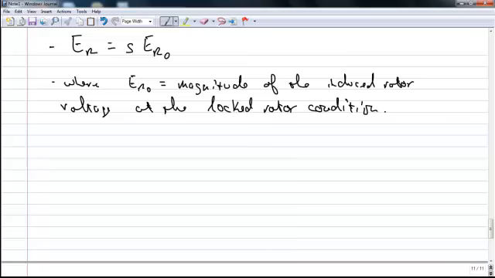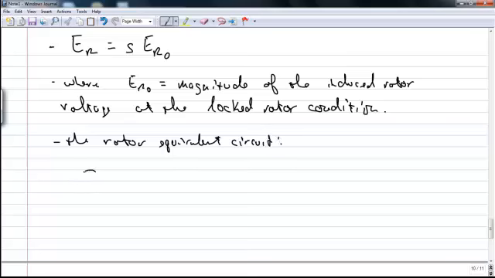So let's just look at the equivalent circuit for the rotor side of the induction motor, the rotor equivalent circuit.